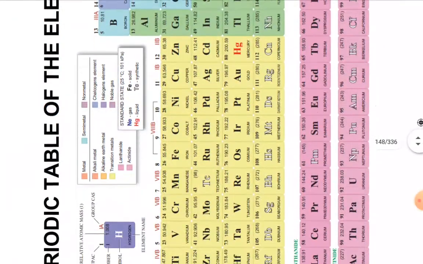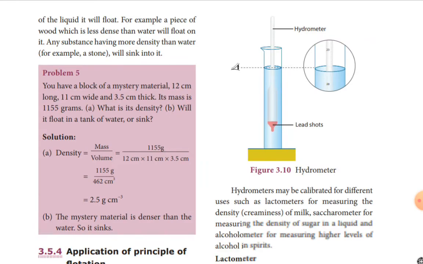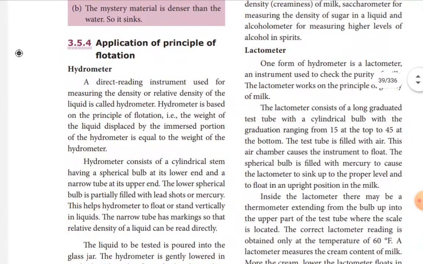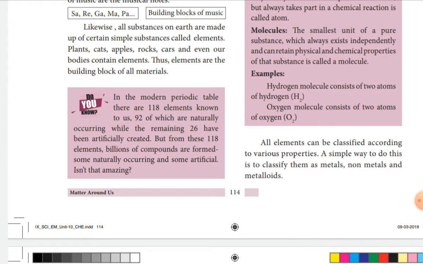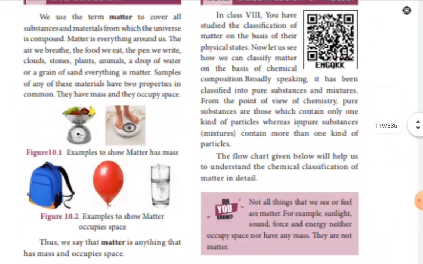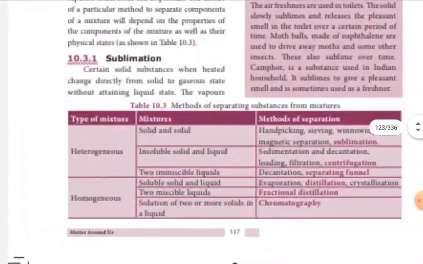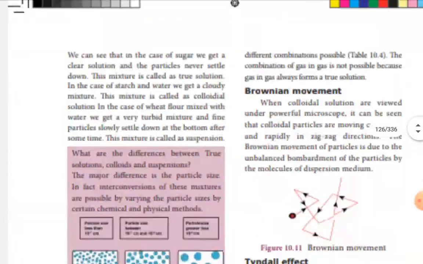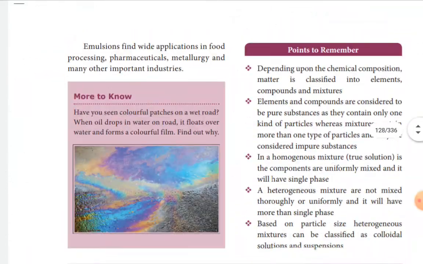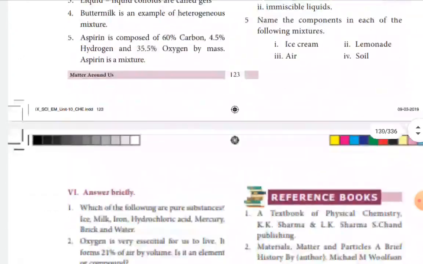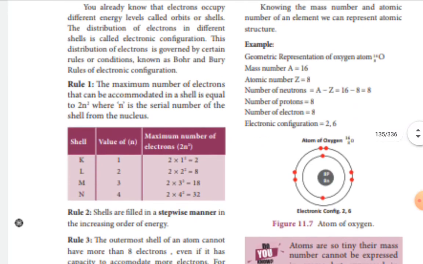Also, below the long form of the periodic table, the lanthanides and actinides are kept separately. Lanthanides are 14 elements, and actinides are 14 elements, which were kept below the long form of the periodic table because of the similarity in their physical and chemical properties.